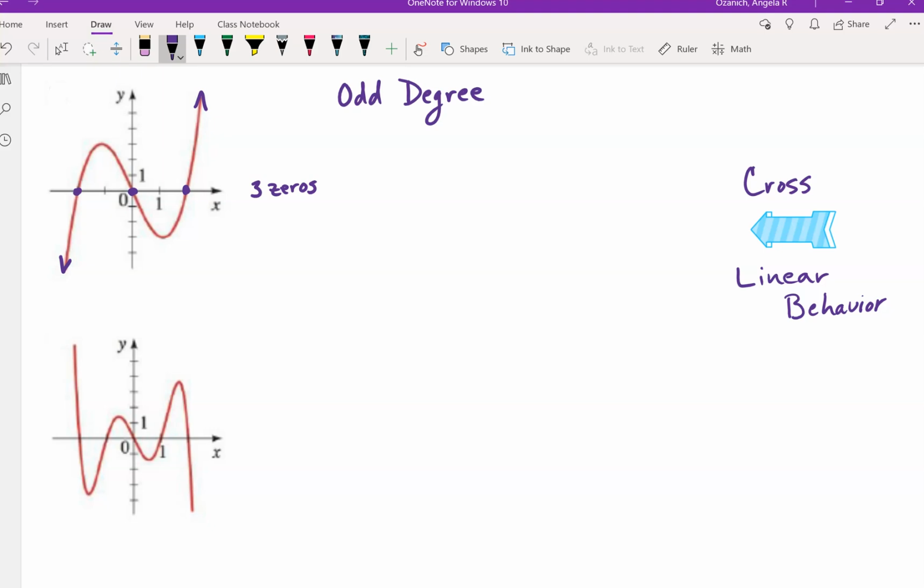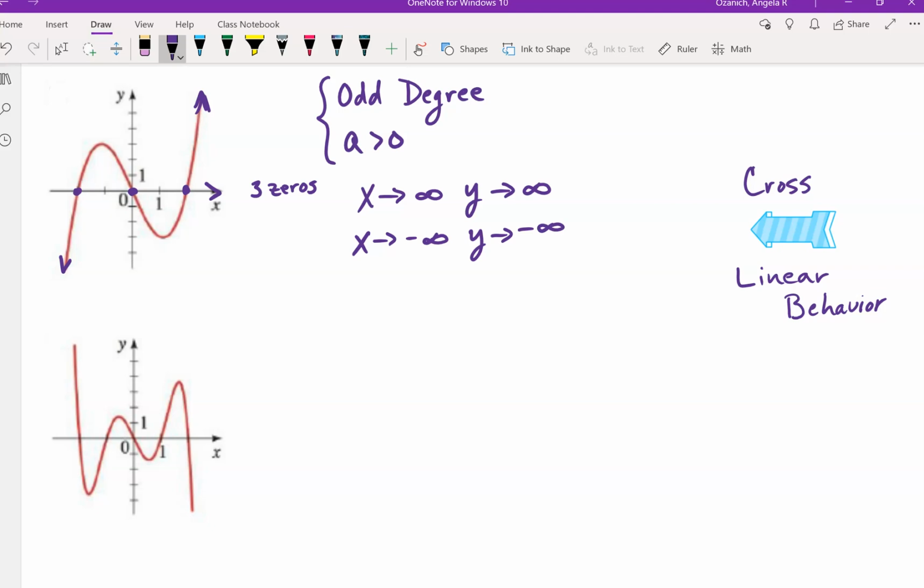So for an odd degree polynomial with an a value that is greater than 0, the behavior is always going to be like this. The behavior for this scenario, odd degree, a value greater than 0, which means it's positive, is as x goes to infinity, your y will also go to infinity, and as x goes to negative infinity, y or f of x will also go to negative infinity.